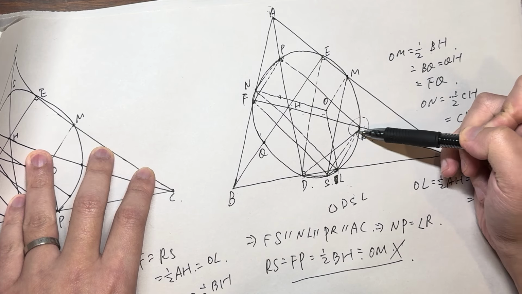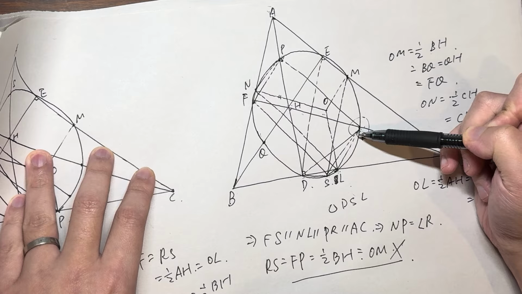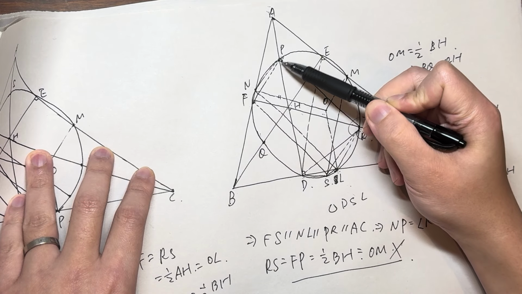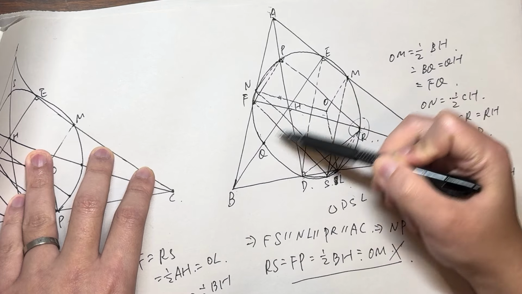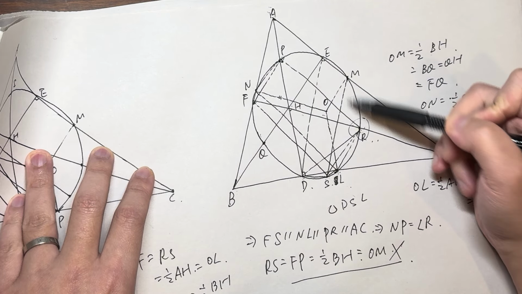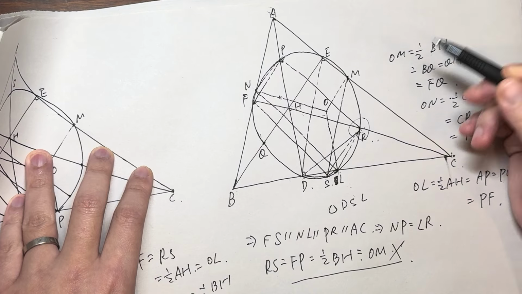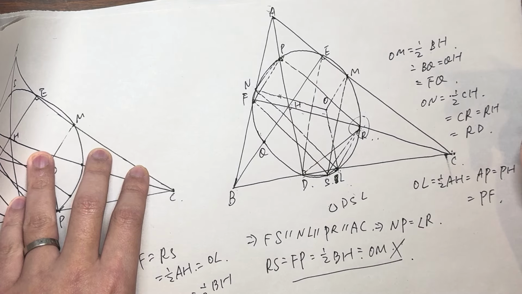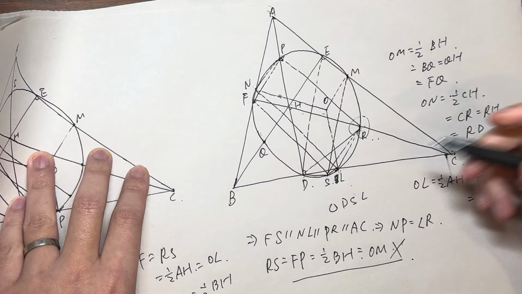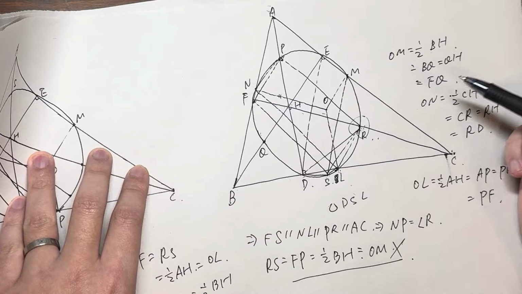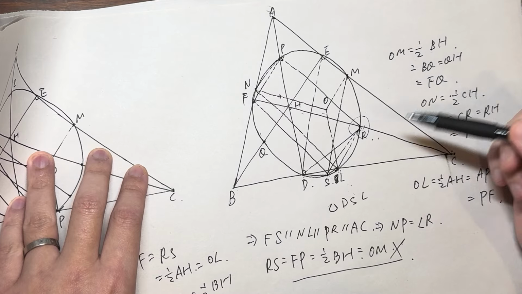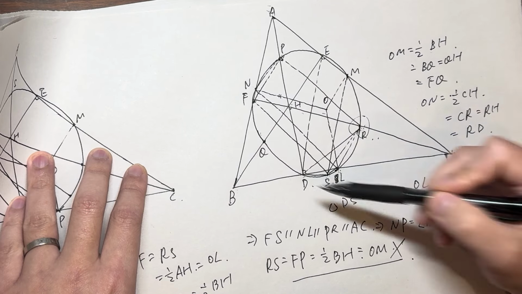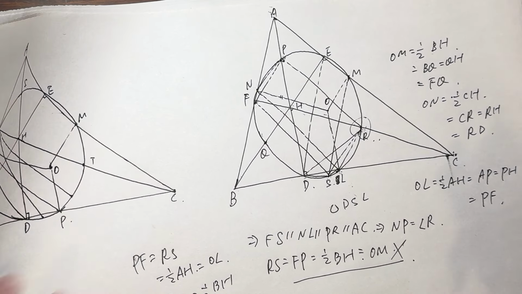And for RL, because RL equals PN, and PN equals half of BH equals OM, RL equals OM. Then we just prove that RLSD is the quadrilateral we were looking for, and we know that RLSD are cyclic. So we just prove that these lines can form a cyclic quadrilateral.